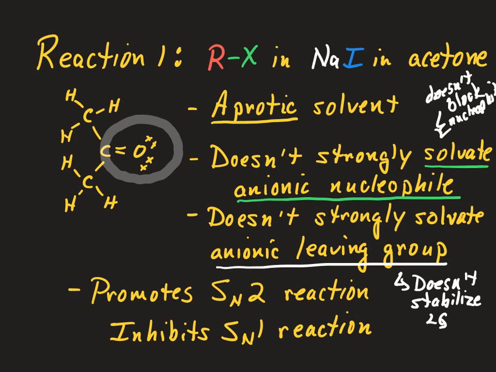Right? And so letting the nucleophile work better and not helping the leaving group leave sooner promotes an SN2 reaction over an SN1 reaction. So under these conditions, we will assume that our reactions are going SN2 if they go at all.